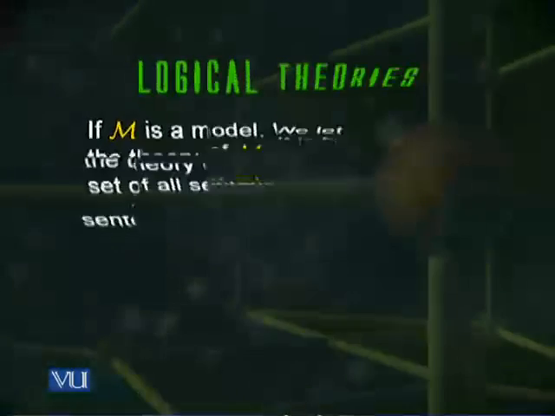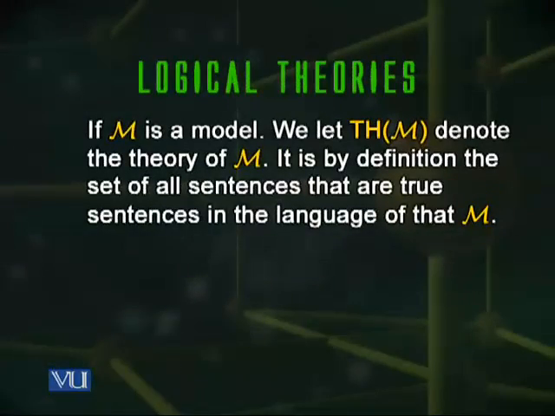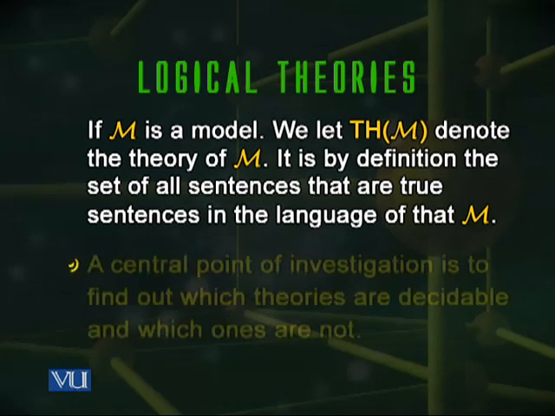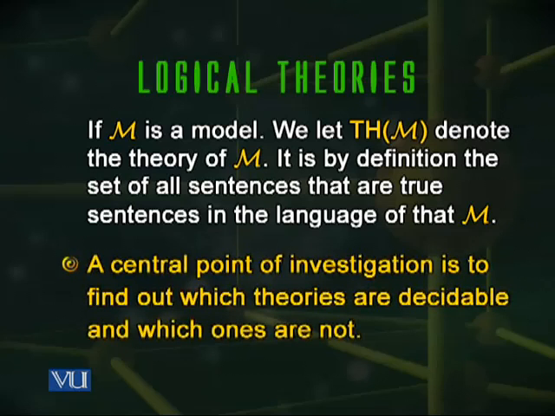Once we have defined the language of the model, some of the statements will be true in that model, others will not. If M is a model, we let Th of M denote the theory of M. It is by definition the set of all sentences in the language of M that are true in M. A central point of investigation is to find out which theories are decidable and which ones are not.